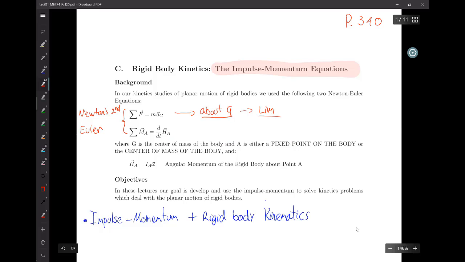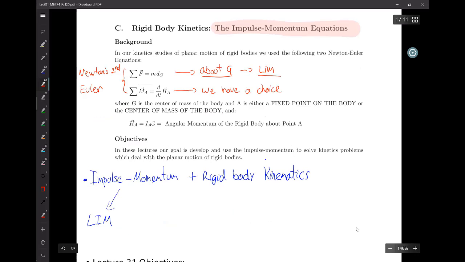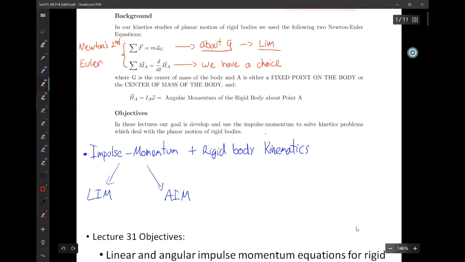Now, for angular impulse momentum, we do have choices, and it's similar to what we had in the Euler equation, that we could make some choices about it. So we're going to review a little bit about it and learn how these two are calculated.